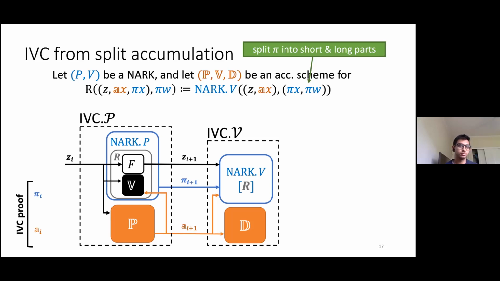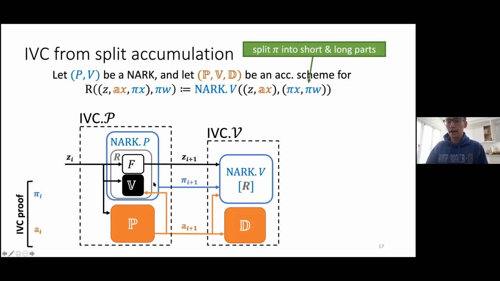Okay, thanks. Okay, so now we want to construct IVC from it, and what we do is we simply create a recursive circuit, or we create the NARC prover that proves that the accumulation verifier was correctly run.